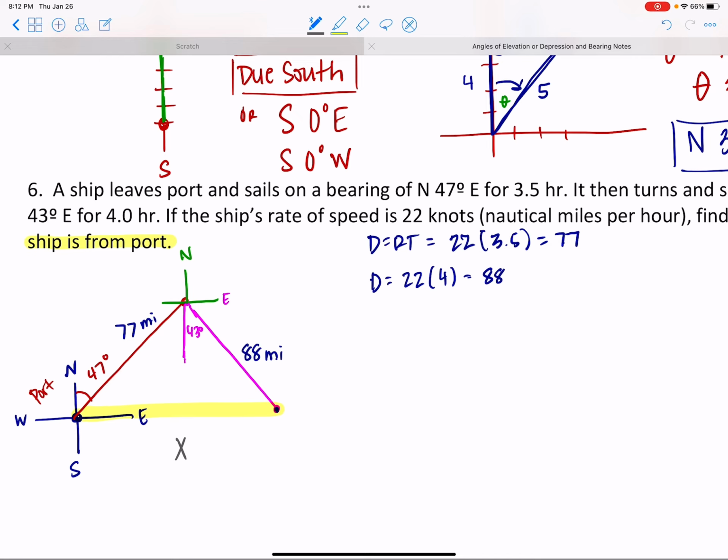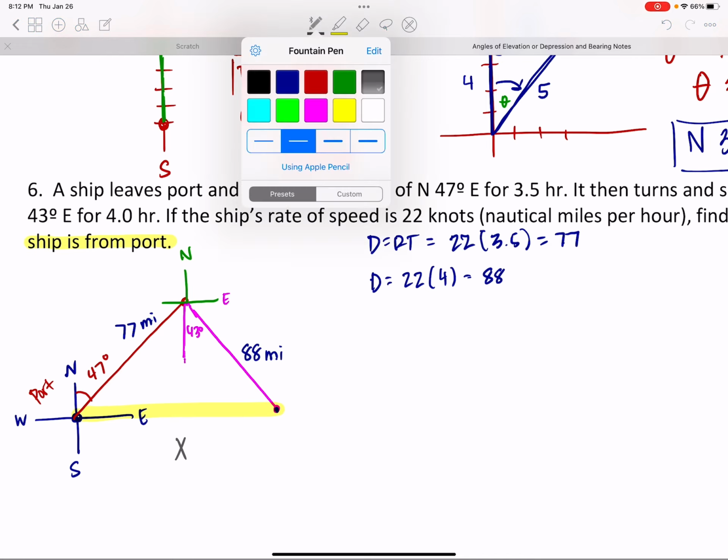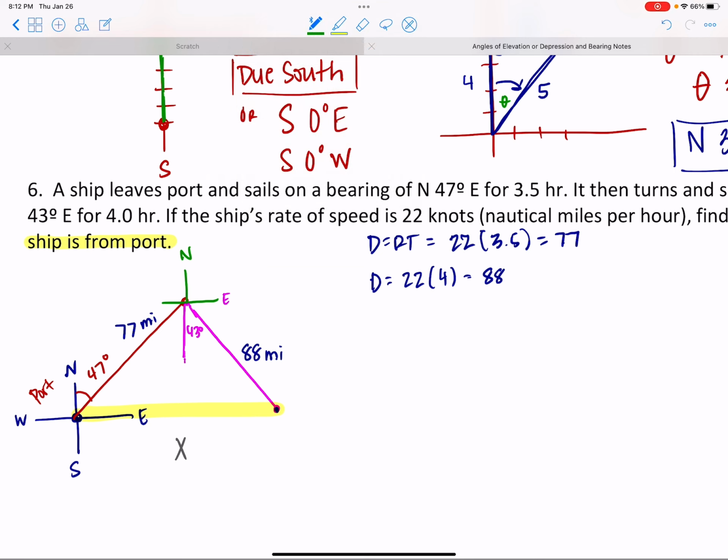Well, we first have to know what kind of triangle we're dealing with. If 43 degrees is in here, right here, that's where I'm looking. Actually, let's start with this. If I drop this down, then I can technically make a right triangle out of this, and I'll show you why in a second.